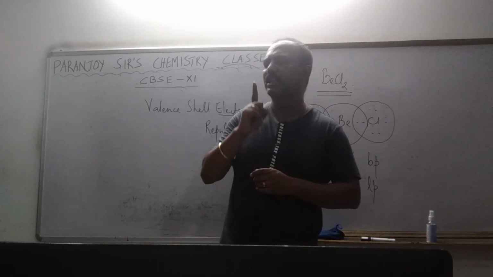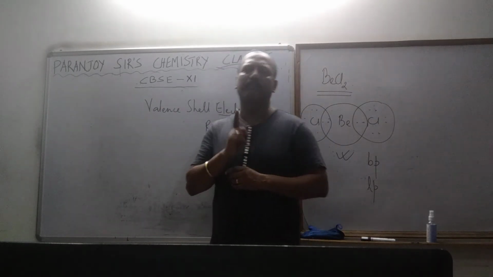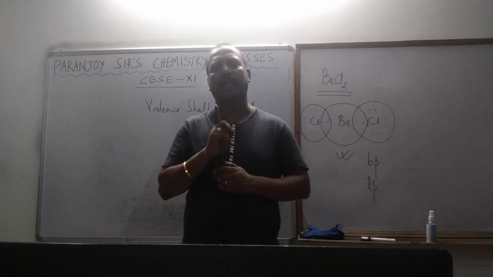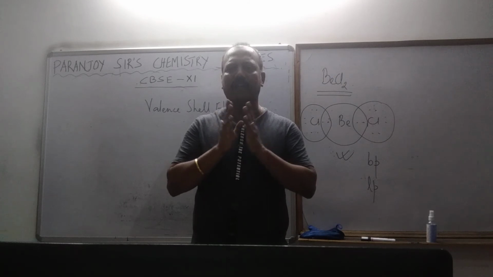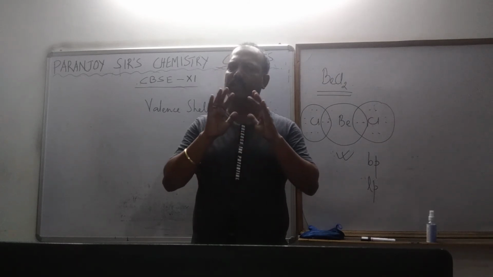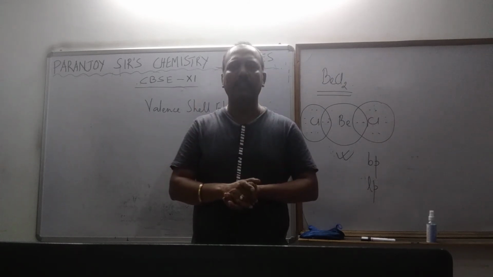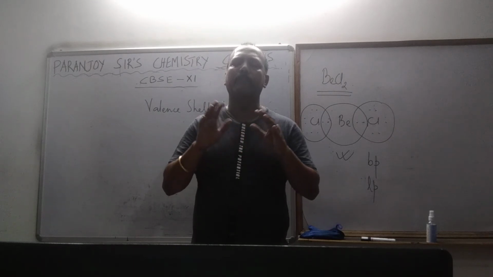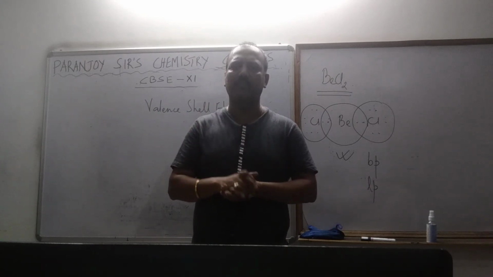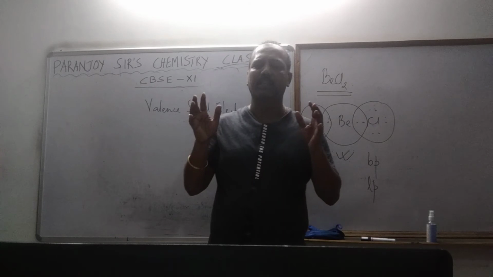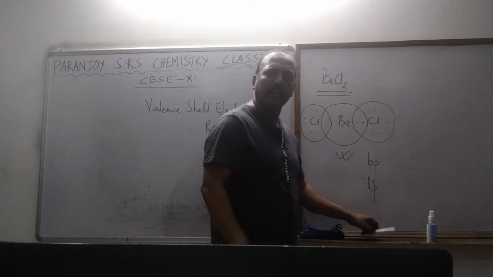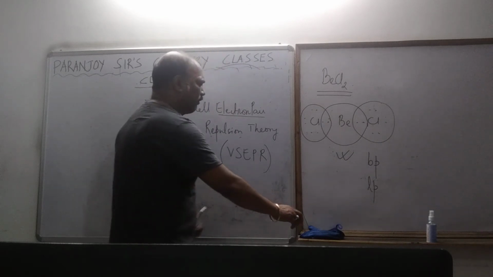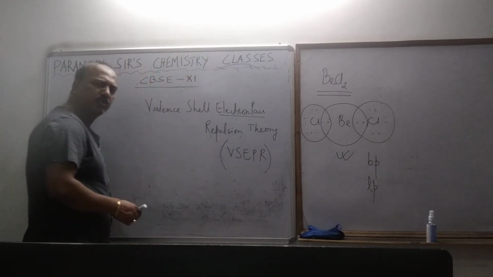The valence shell of the central atom is considered as a sphere, and the electron pairs are on its surface, placing themselves to experience minimum repulsive force. And repulsive force can be of three types.